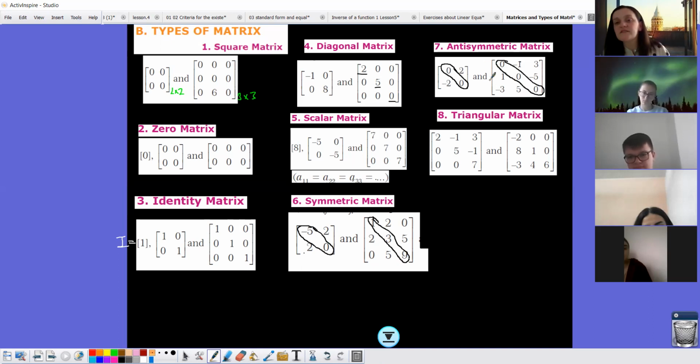This kind of matrix is antisymmetric. And triangular matrix. As you can see, you can find here a triangle, and these entries are all 0. Or this one. This is a triangular matrix.